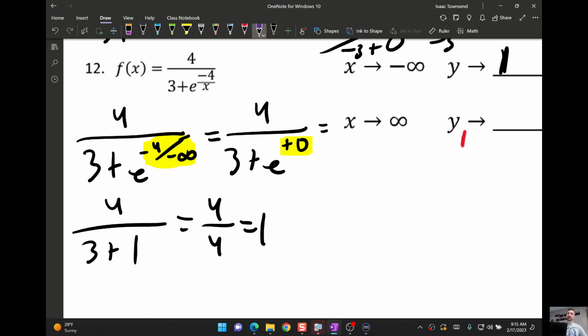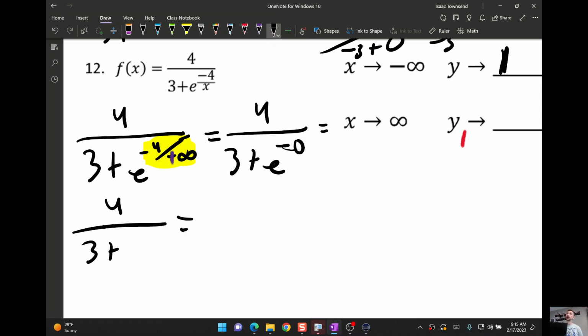Okay, I'm not going to rewrite the second one because I'm just going to make some changes, because very little changes here. If I plugged in positive infinity, that's going to change this, which could change this, which could change my final answer. Could, doesn't mean it will. But now, a negative divided by a positive is negative. 4 divided by a number that goes to infinity goes to 0.